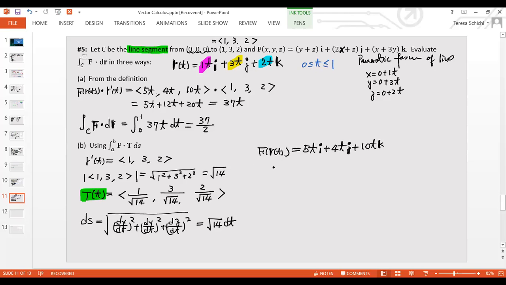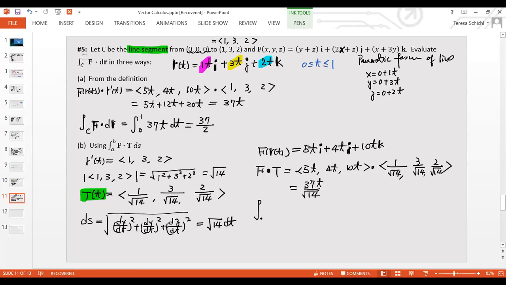Then you do F dot T. F dot T will be (5t, 4t, 10t) dotted with T. What is my T here? It's 1 over the square root of 14, 3 over the square root of 14, and 2 over the square root of 14. So this is equal to 37t over the square root of 14.